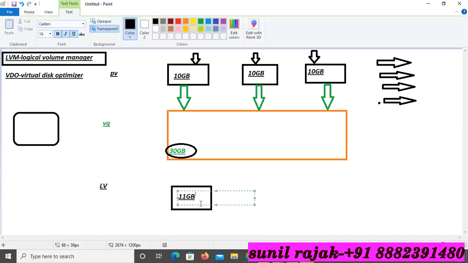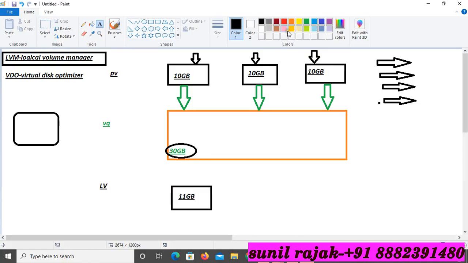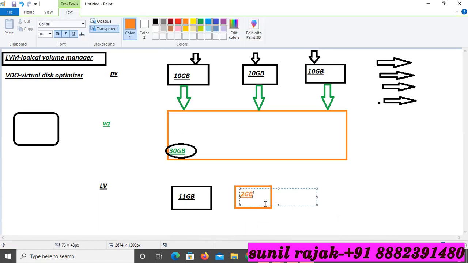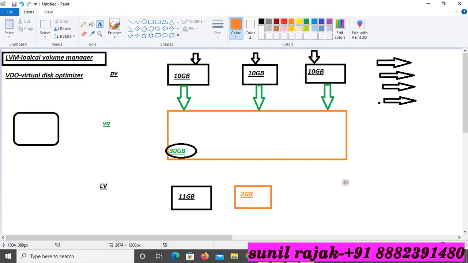Just understand. And the second department is the HR department, and HR wants only 2 GB. That's sufficient. Similarly, another department wants a volume size, hard disk size, of 3 GB. According to this volume, you can assign.